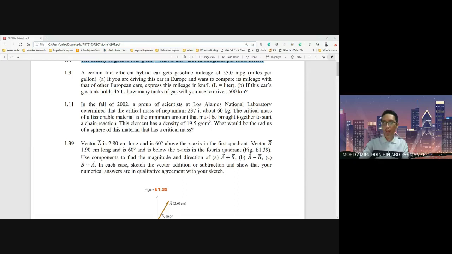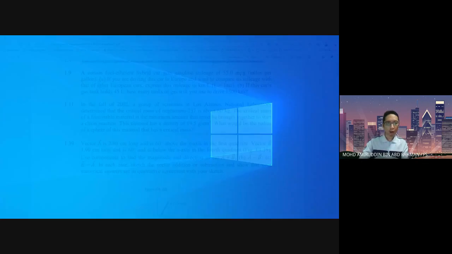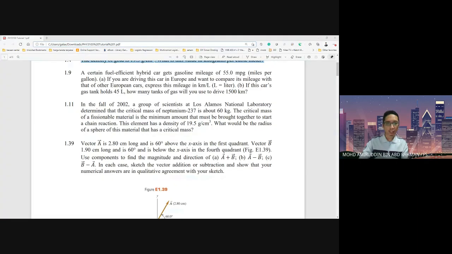And then it asks, so that 64.2 cannot fit in one tank, because one tank can only hold 45 liters. So how many tanks are used?